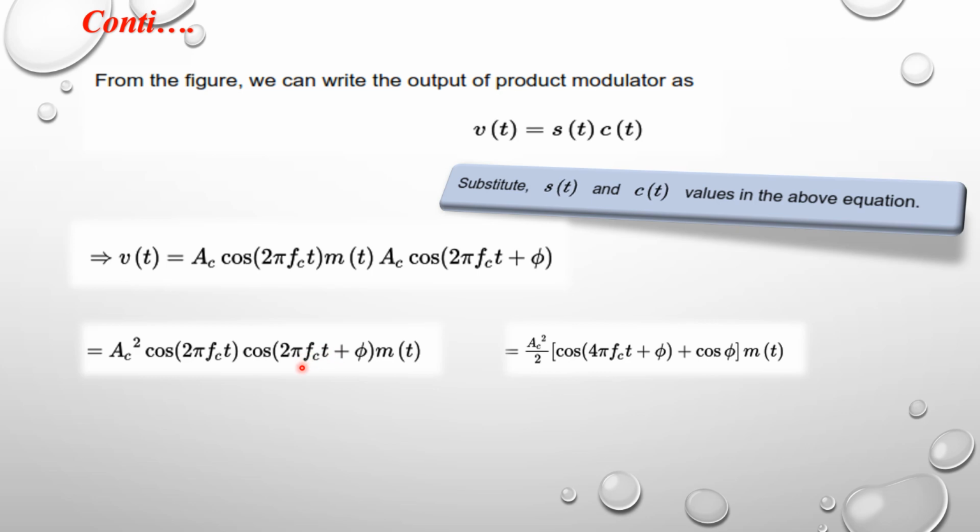The positive 2 pi FCT and negative 2 pi FCT get cancelled and the remaining value is psi, cos psi, and you retain m(t) as it is.